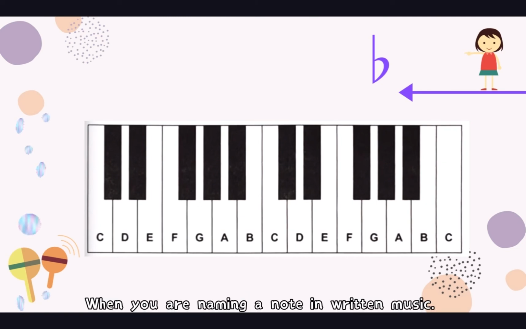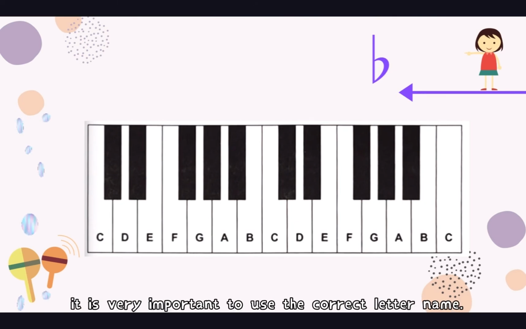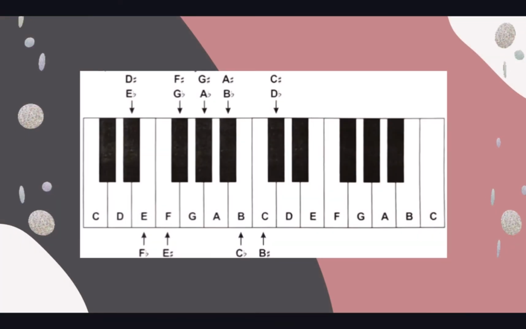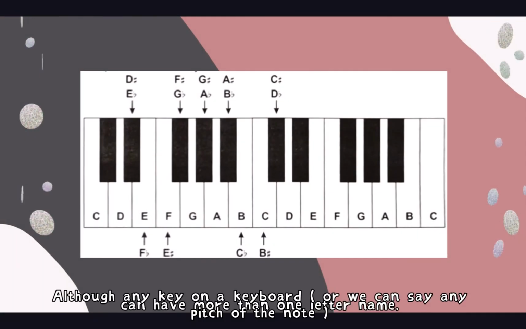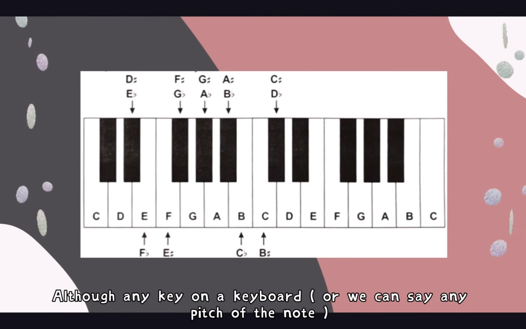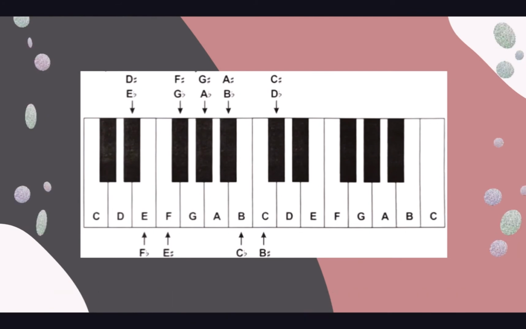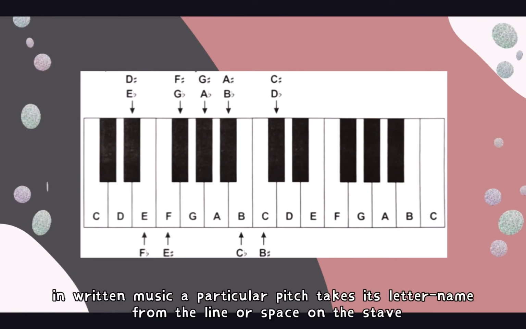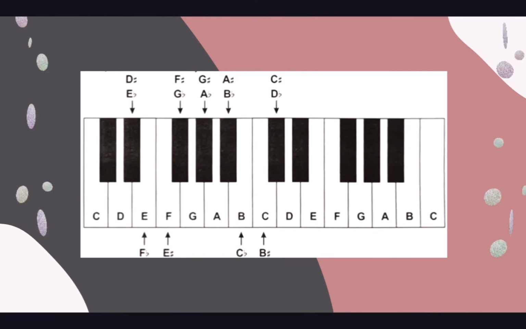When you are naming a note in written music, it's very important to use the correct letter name. Although any key on a keyboard, or we can say any pitch of the note, can have more than one letter name, in written music a particular pitch takes its letter name from the line or space on the stave on which it's written.